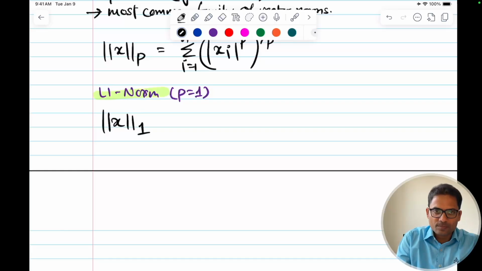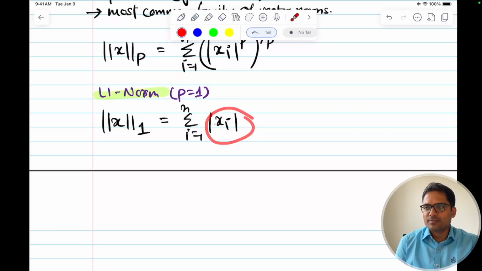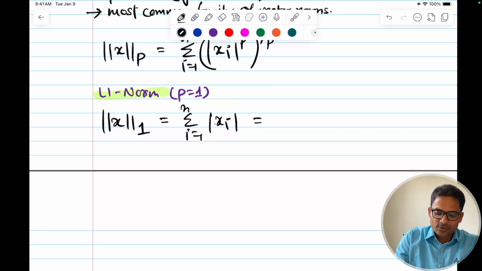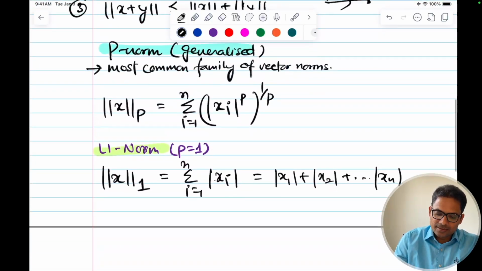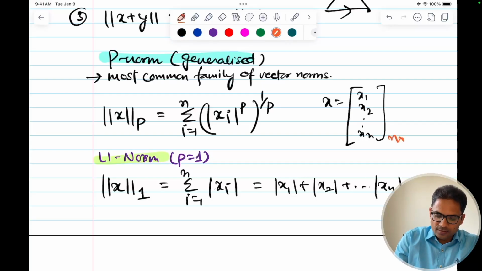This is called the L1 norm. It is equal to sigma i equal to 1 to n of mod of xi, just mod xi, because the power 1 is redundant. So if x is a vector, this will be x1, x2, like this till xn, an n cross 1 vector.